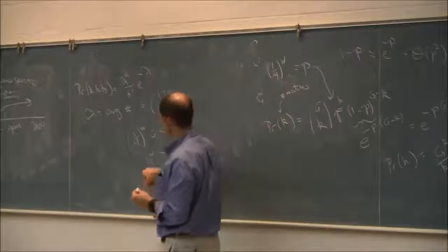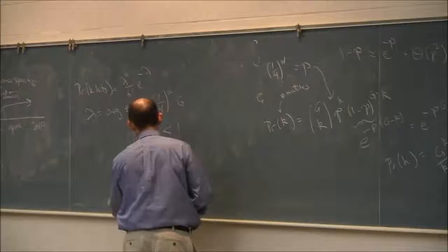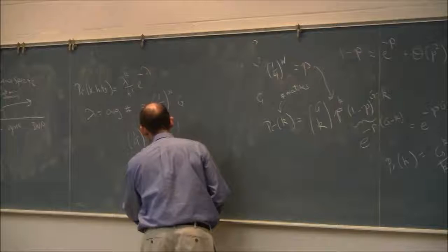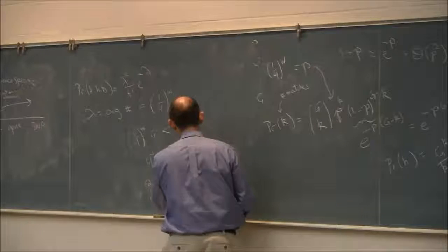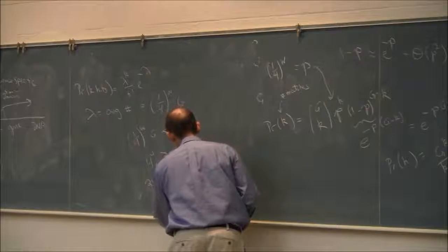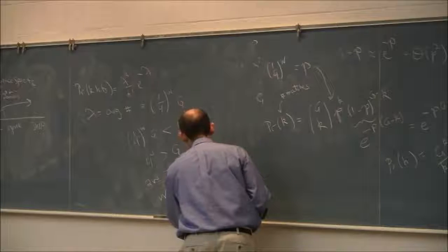So since there's a 4 here, we'll take log base 2. The log base 2 of 4 is 2. So we get 2w is greater than the log base 2 of g, or we need w to be bigger than 1/2 log base 2 of g.